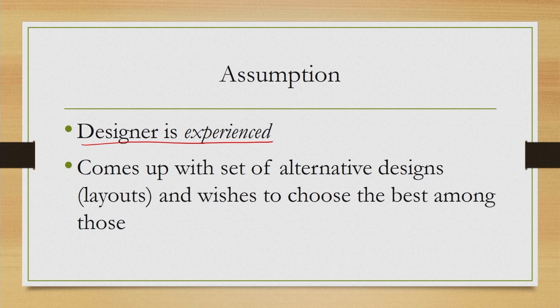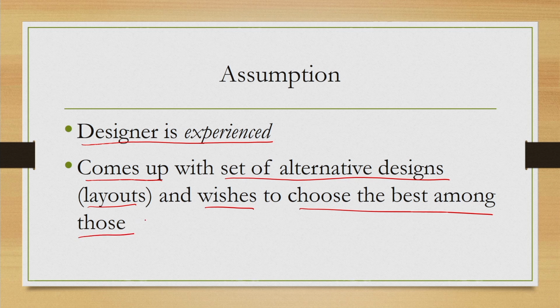And the second assumption is based on the experience, the designer can come up with a set of alternative designs or the layouts and wishes to choose the best among those. So, 2 things you should note, one is the designer is capable of coming up with alternative designs, and second thing is that among those alternatives the designer wishes to choose by himself or herself the best one.